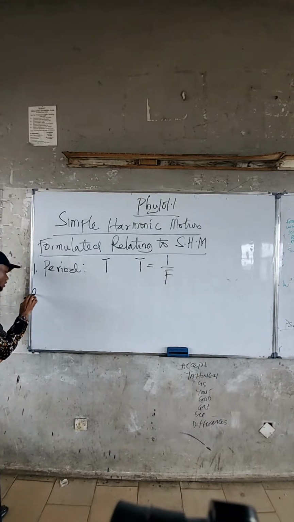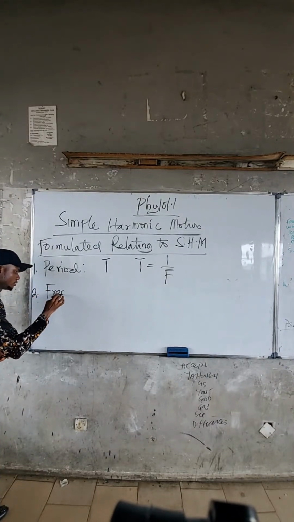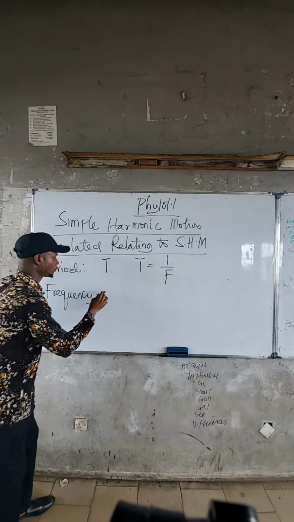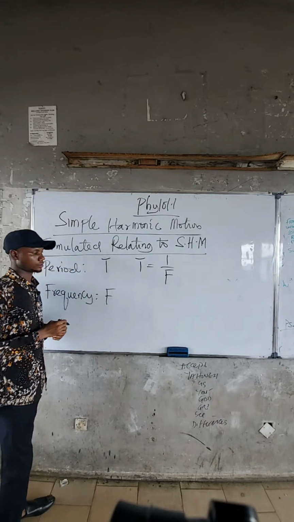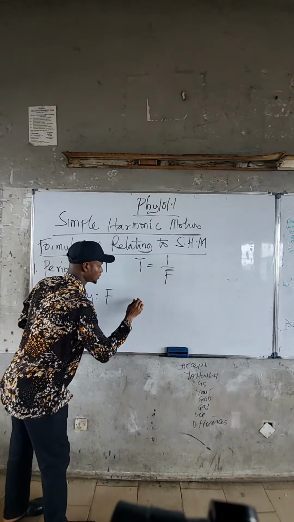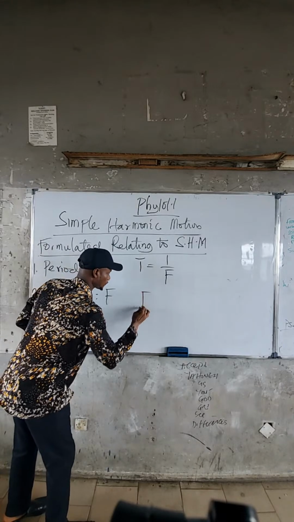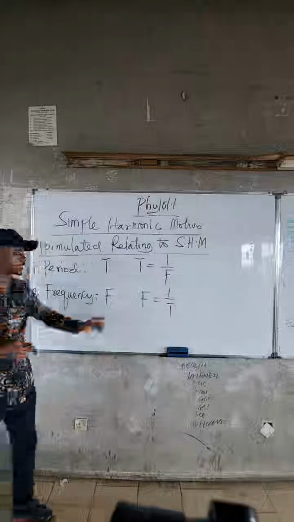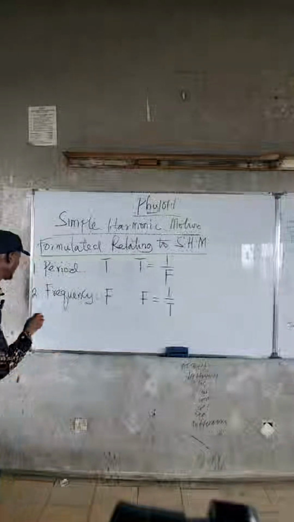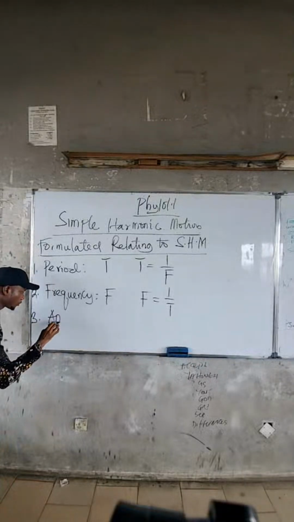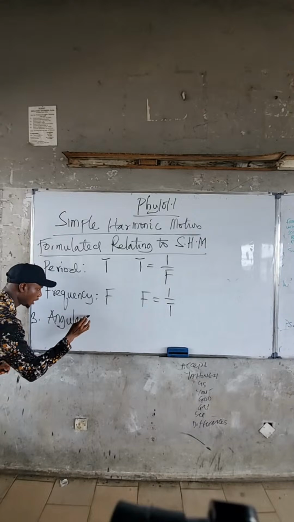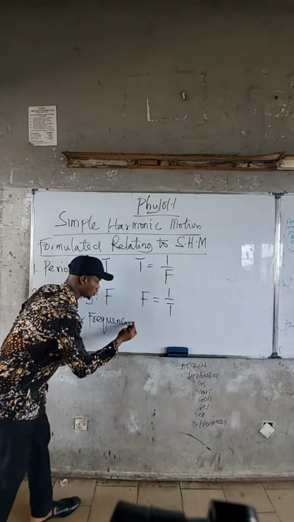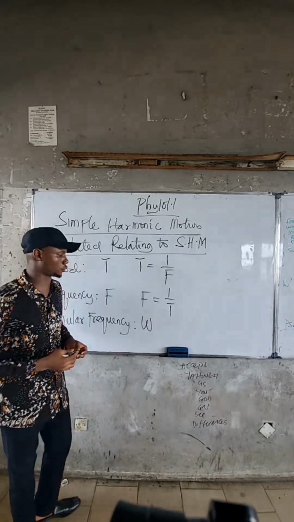The next one is frequency. We denote frequency by F. Mathematically, frequency can be defined as F equals 1 over T. The next one is angular frequency, and we use omega to represent angular frequency.